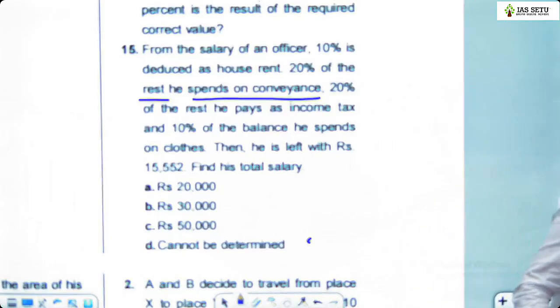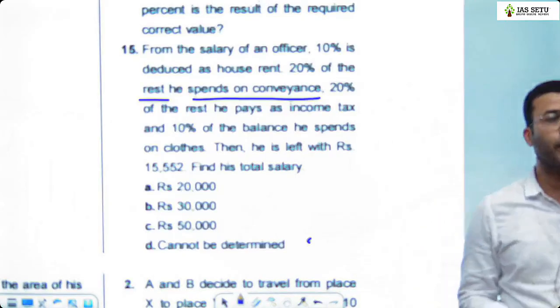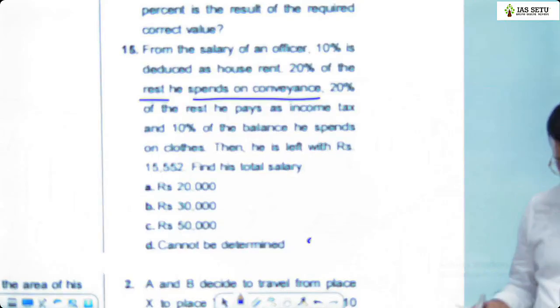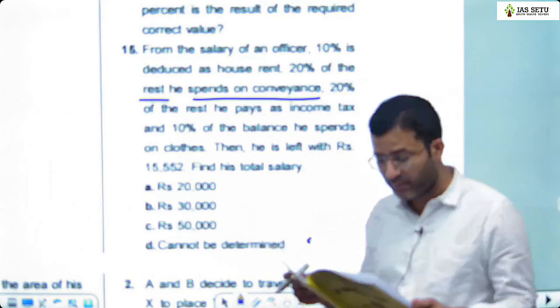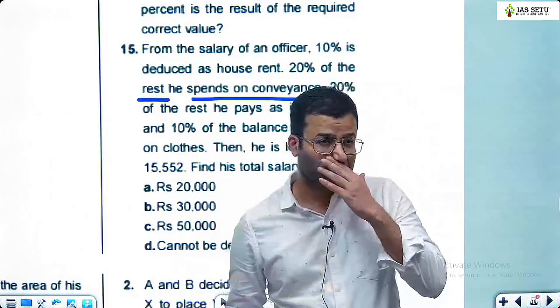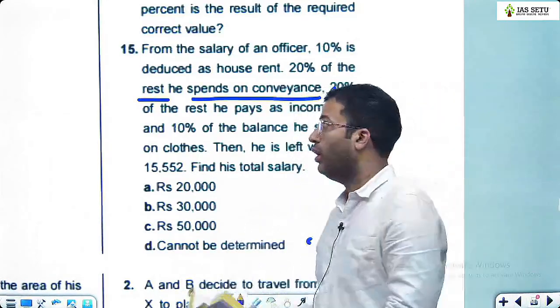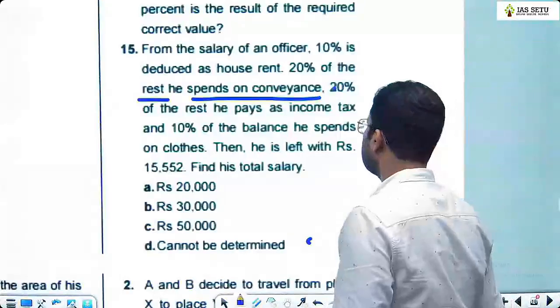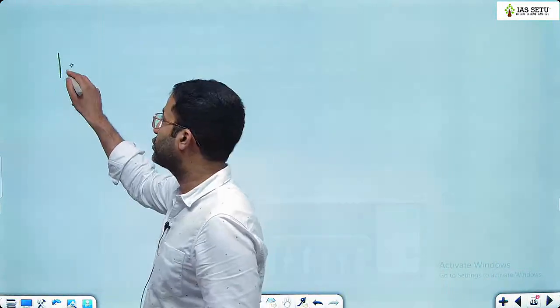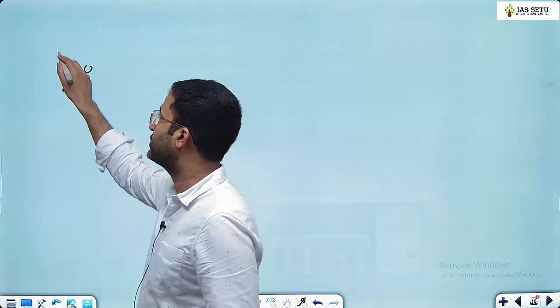From the salary of an officer, 10% is deducted as house rent. The next point is 20% of the rest. So what we do, we can use PCZ here, or we assume the initial salary of the officer is 100.